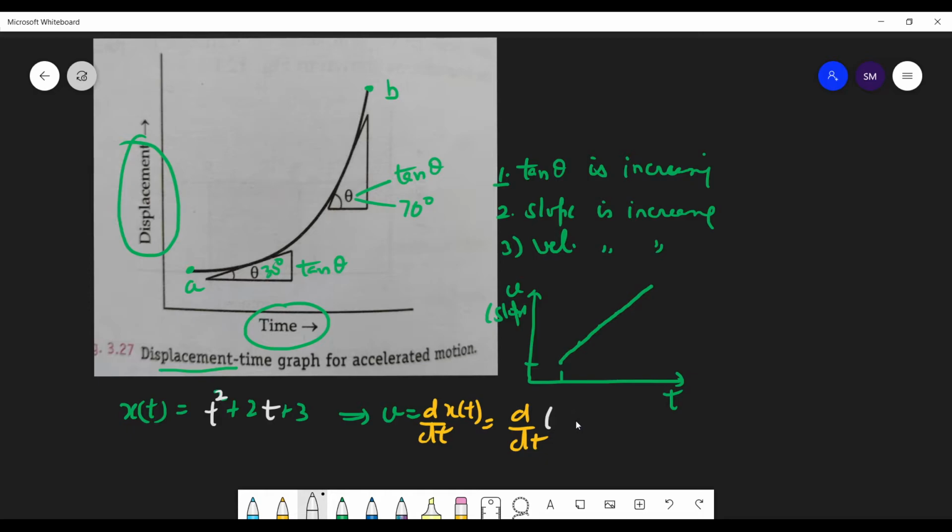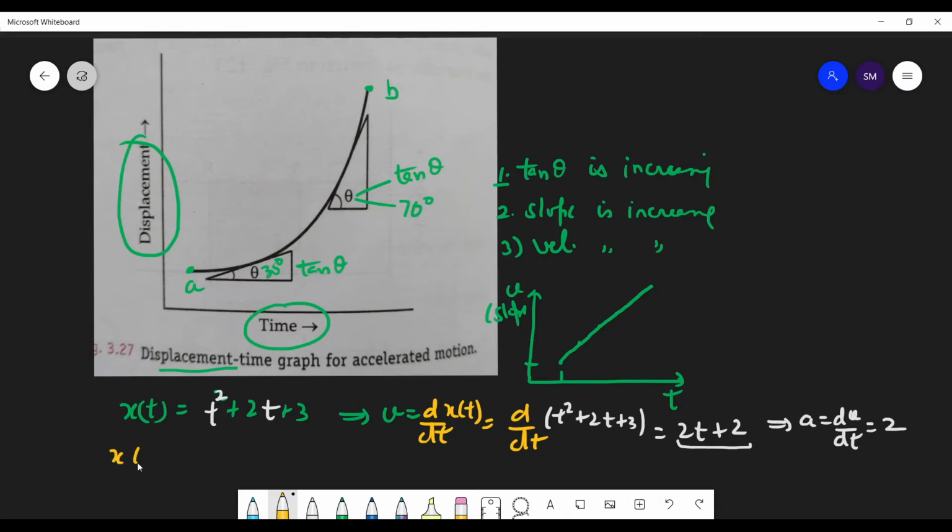What do you get after differentiating this? You get 2t plus 2. Now from this I want to find acceleration, that is dv by dt. So what will be the slope, means what will be the differentiation of this? 2t becomes 2.